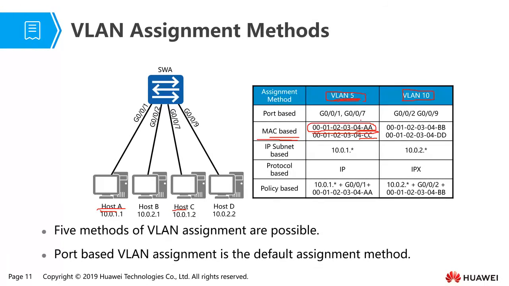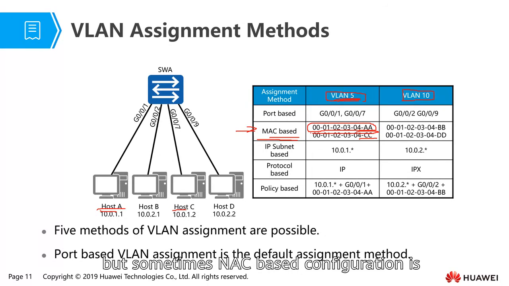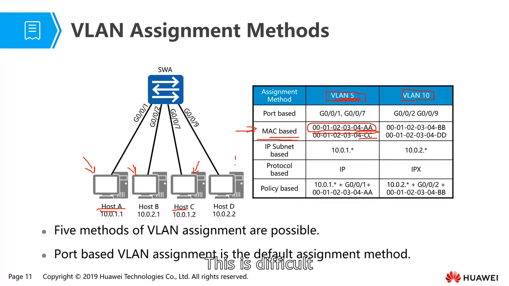This is MAC-based, but sometimes MAC-based configuration is a little complex. You need to find the MAC address of each host. Okay, this is difficult. So this is a dynamically assigned VLAN, and the other methods are the same.